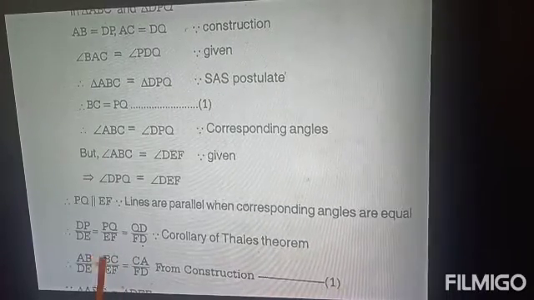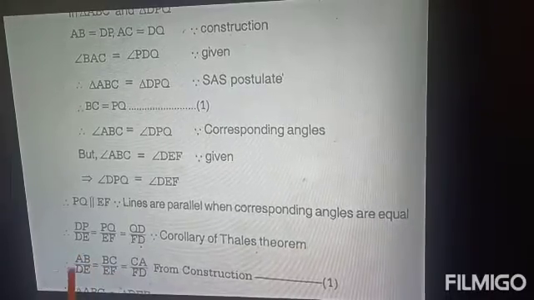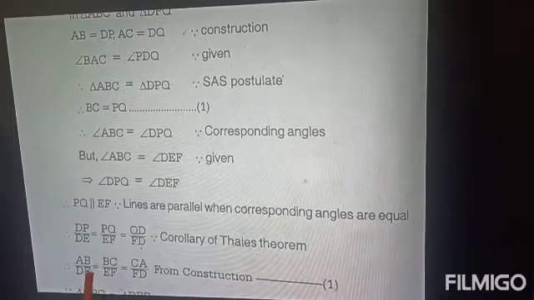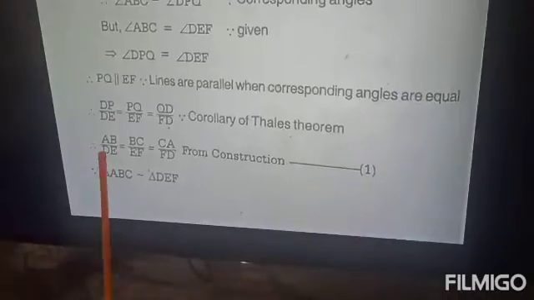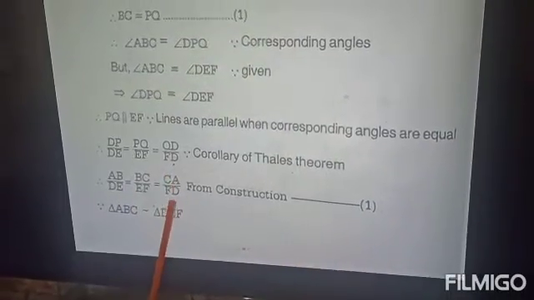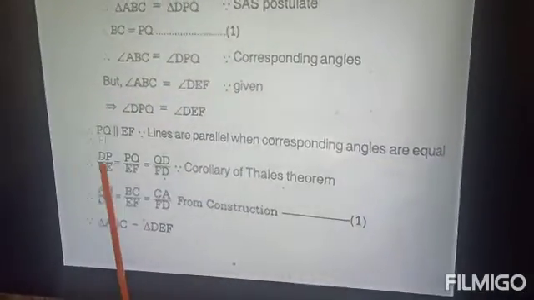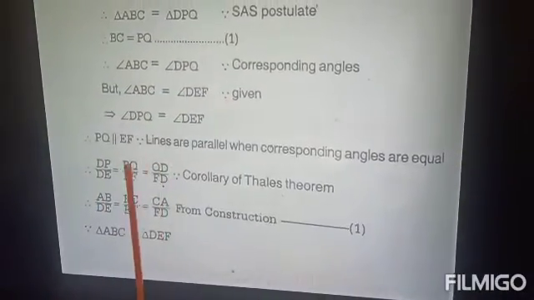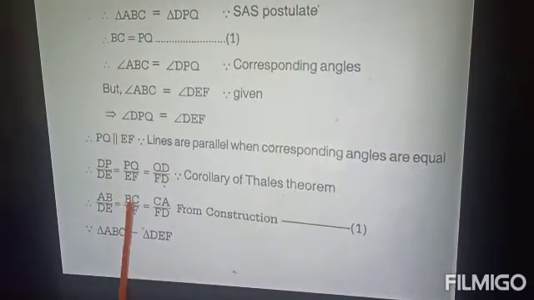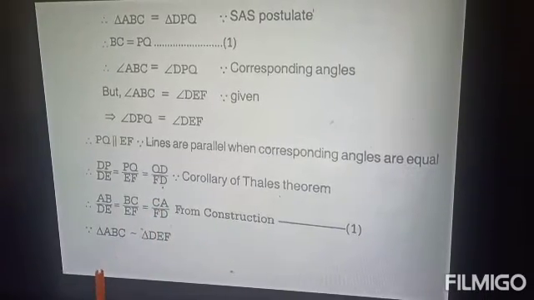Now that we proved those two triangles are congruent, therefore we got the required thing that we need: AB by DE is equal to BC by EF is equal to CA by FD. DP, PQ and QD are replaced by AB, BC and CA by construction.